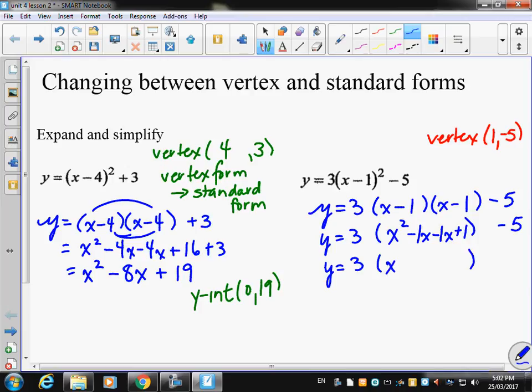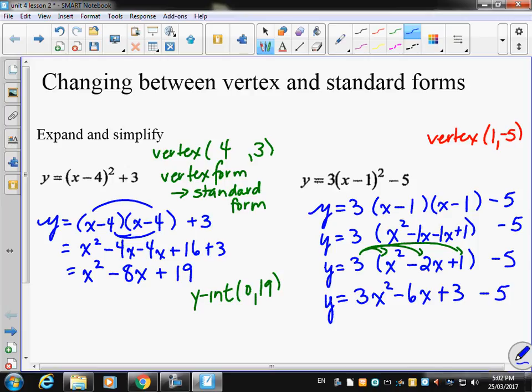So I've got my x squared term. My two terms with x would give me negative 2x plus 1. And now I'm doing distributive law with the 3. So I'm multiplying that 3 by each of the terms in the bracket. And I would get y equals 3x squared, subtract 6x plus 3, and finally subtract 5.